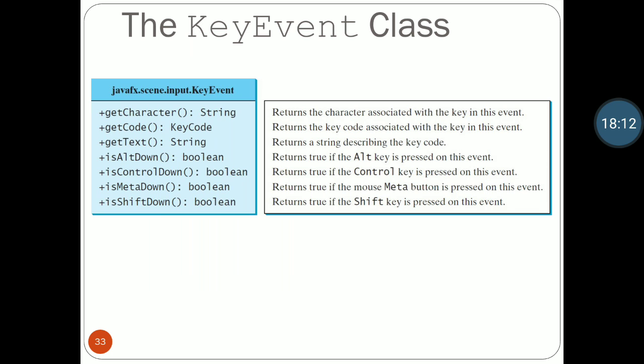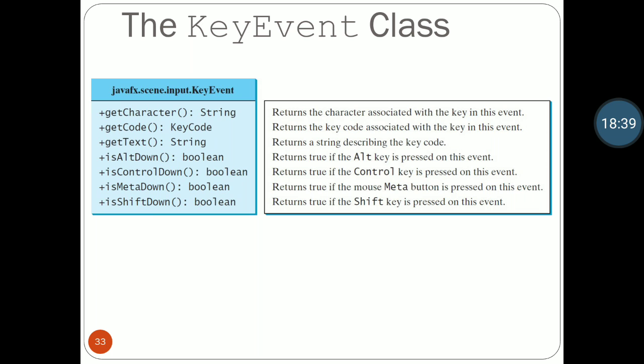The key event class has different methods. First, getCharacter method, that will return the character associated with the key in this event. Next, getCode method, that will return the key code associated with the key in this event. Next, getText method, that will return a string describing the key code.